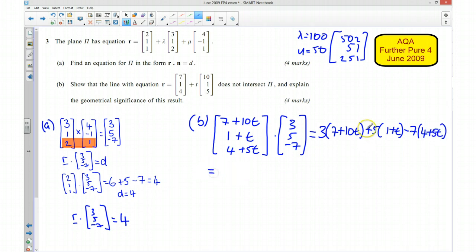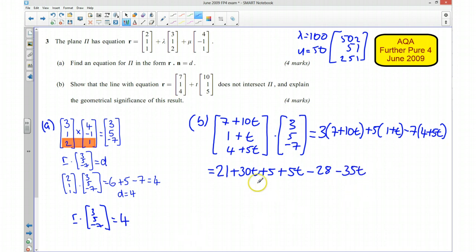Okay, so that's going to be equal to 21 plus 30t plus 5 plus 5t, take away 28, take away 35t.